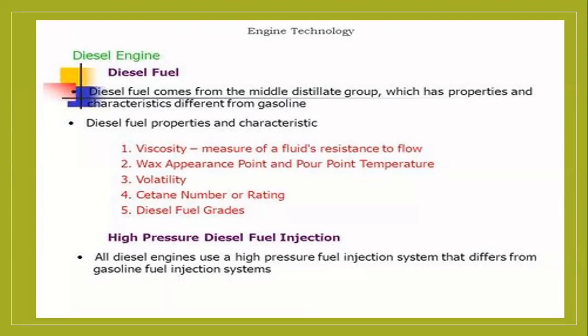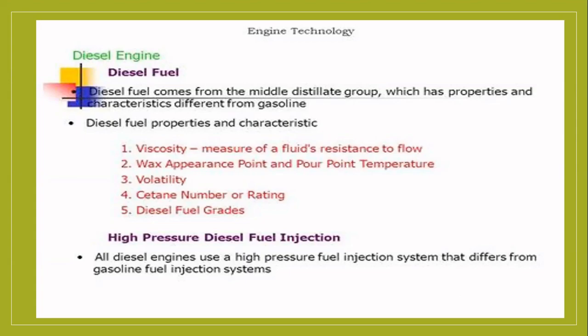Volatility. Volatility is actually the vaporization nature of the fuel. So petrol will vaporize very quickly, but diesel will not vaporize that much. Then the cetane number. Petrol has an octane number; here it is the cetane number or rating.